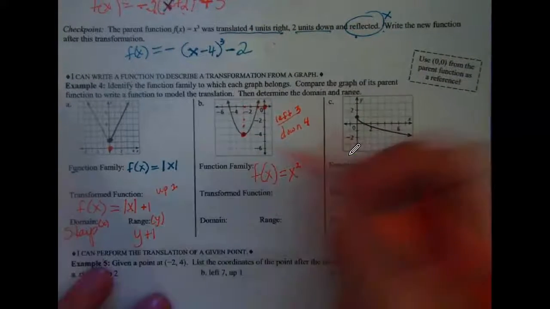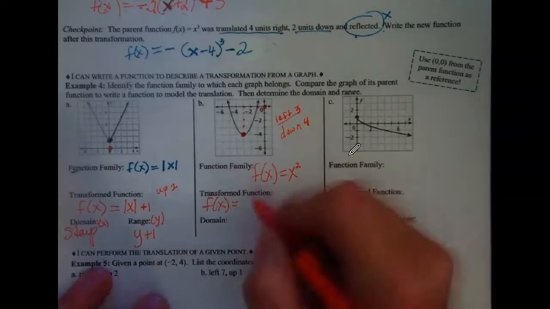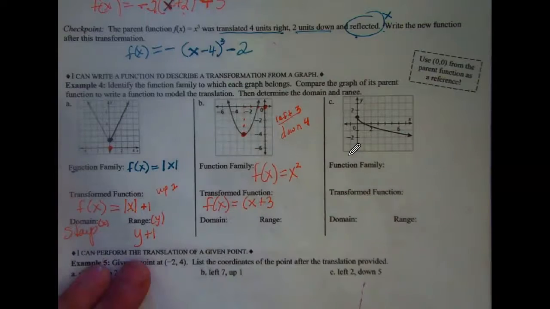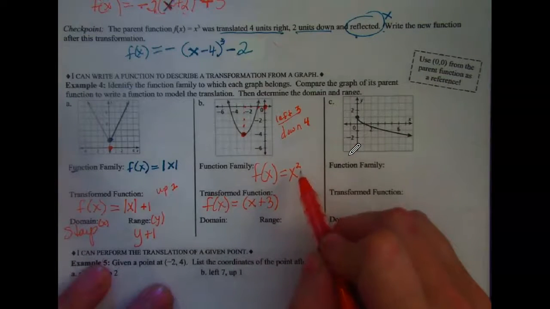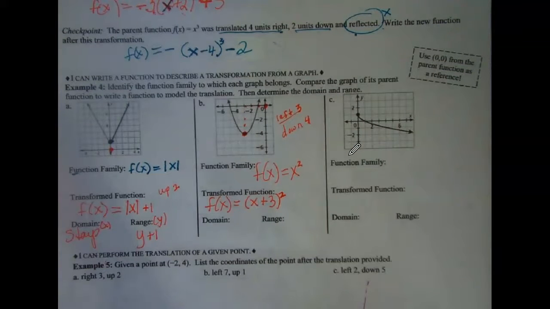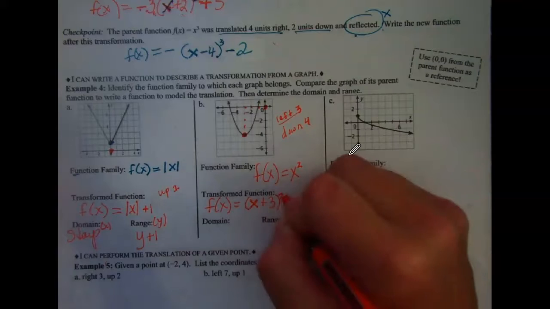So right away I have f of x equals, and then remember I want parentheses, x plus 3. That's what the chart told me to do. And then because the parent function started with that little 2, we have to keep the 2 on the outside. So we always keep these parts of the parent function exactly the same.